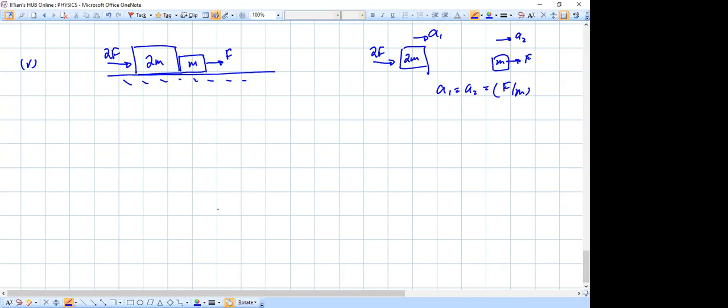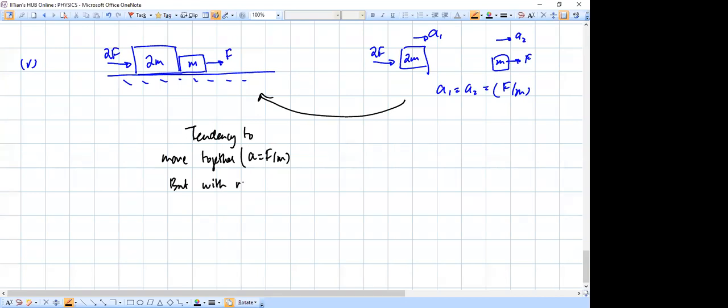Okay. So that means when they are placed in contact, they will have a tendency to move together with an acceleration of F by m, but with no contact force between them.